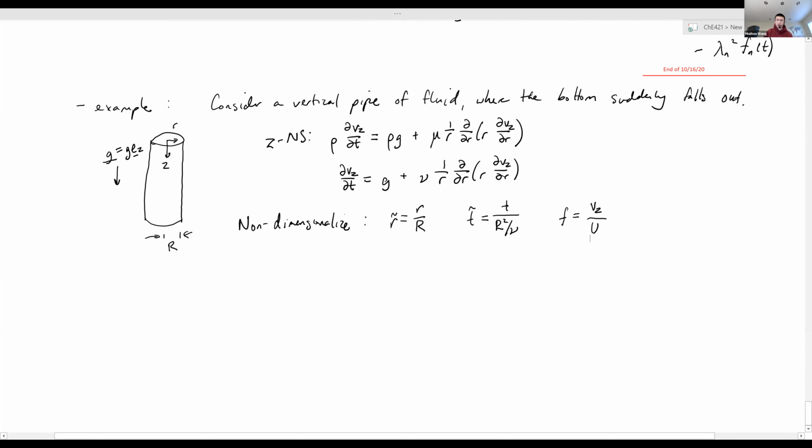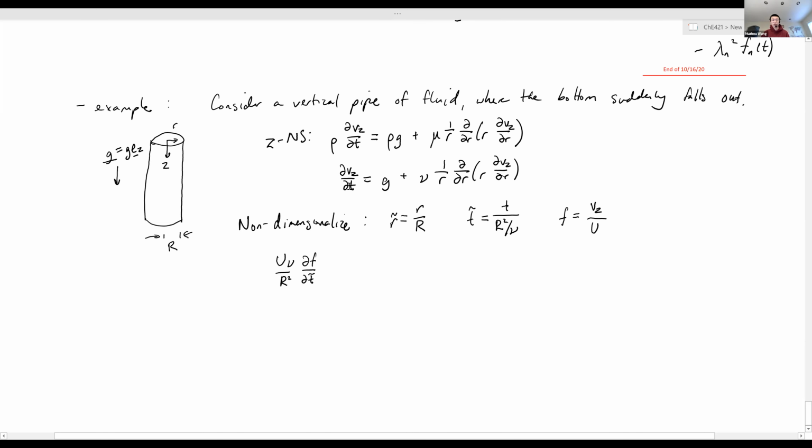Okay. So if we plug these into our equation to get something non-dimensional, then dv_z/dt looks something like this. It's unclear how that works, then you basically note that dv_z/dt should have units of velocity over time. So again, the complicated way of doing this is we can apply the chain rule.